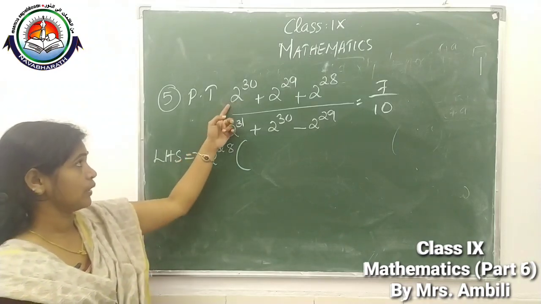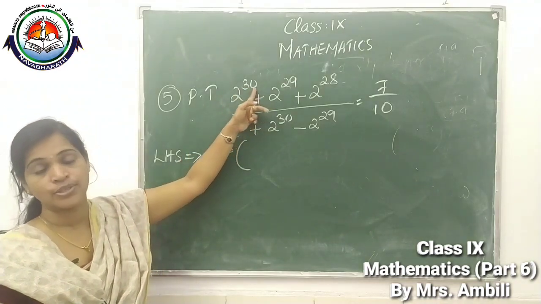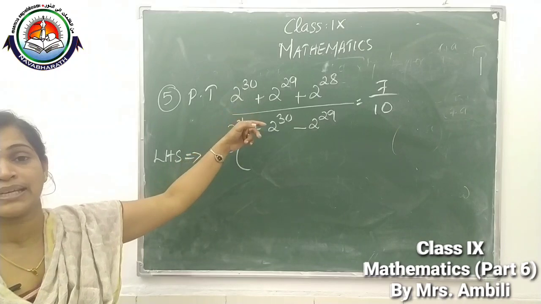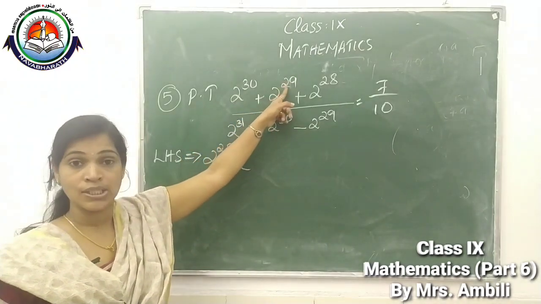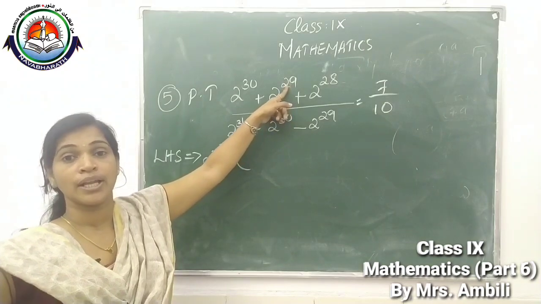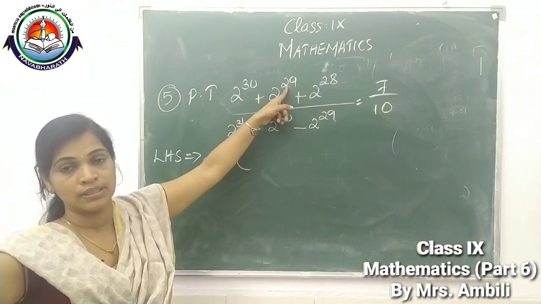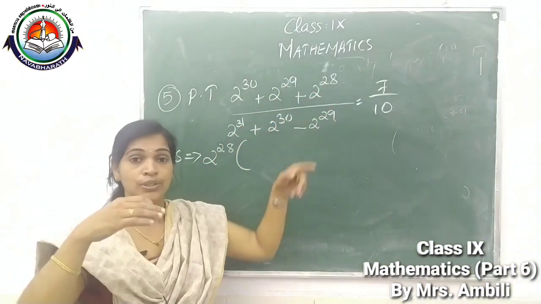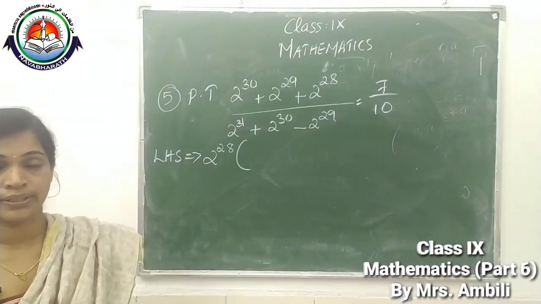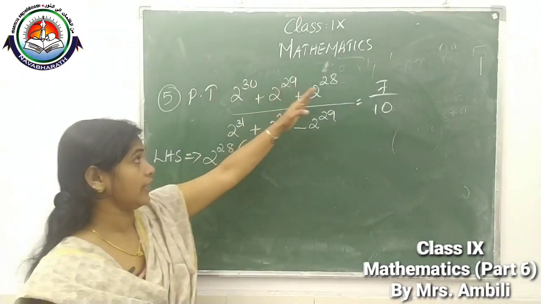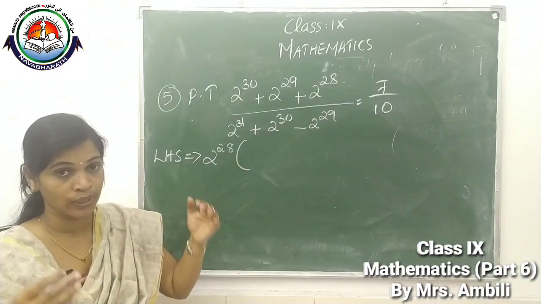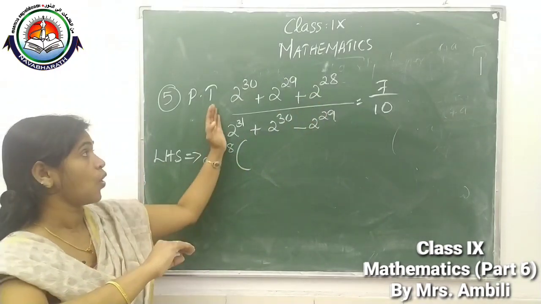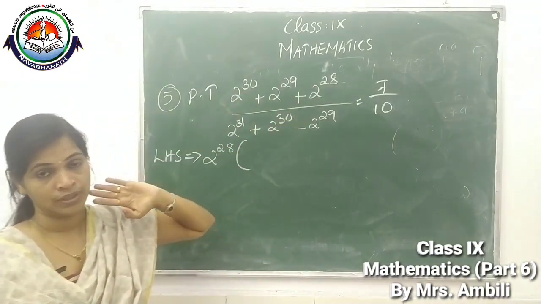Okay. 2^30 means we know that 2 into 2 into 2 etc., 30 times. 2^29 also 2 into 2 into 2 etc., 29 times. Isn't it? 2^28, 2 into 2 etc., 28 times. So from those 3 terms I am taking 2^28 outside because 2^28 is common in these 3 terms, isn't it?